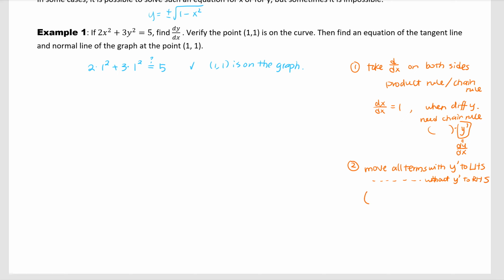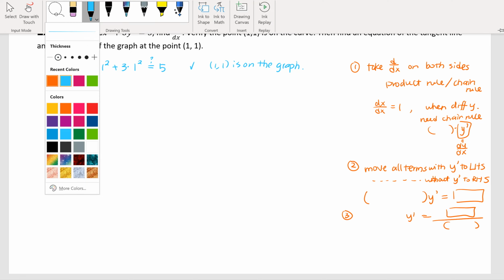Because all the terms on your left have y prime, you can factor out that y prime, and then y prime is just the right side over this factor, right? So far so good, everybody? So you can factor it and then solve for y prime. Okay, so here are the steps. Now let's solve our example.